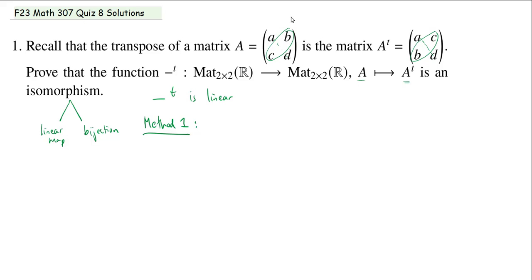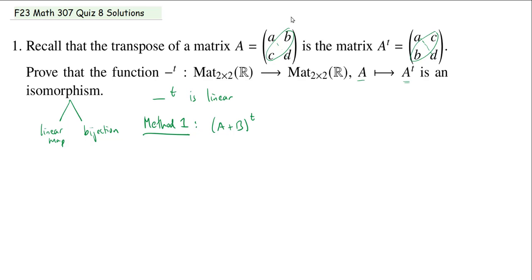So a function is going to be linear if it's both additive and homogeneous. And let's just show them separately for simplicity. So let's say I had A plus B, and I'm going to compute the transpose. Well, I've already defined a capital A up here.